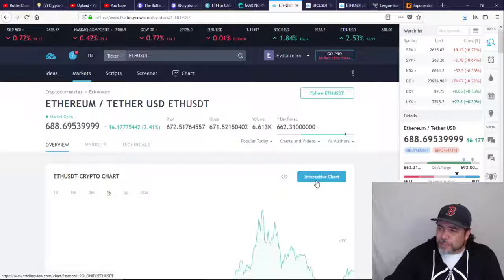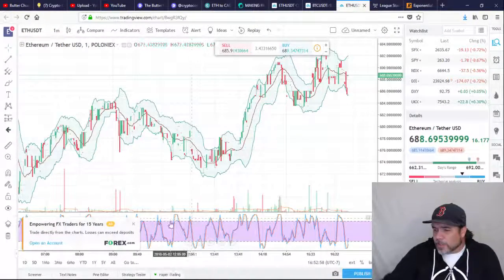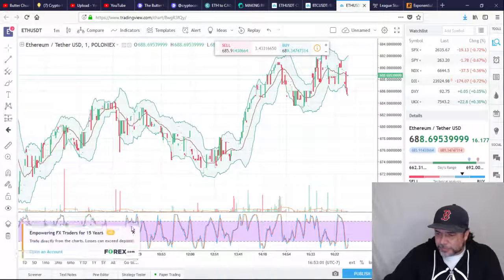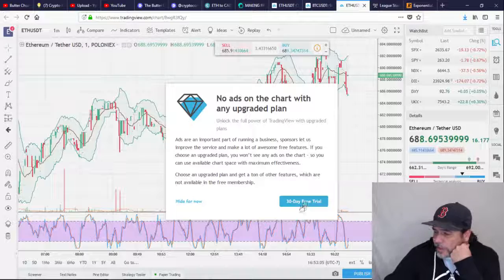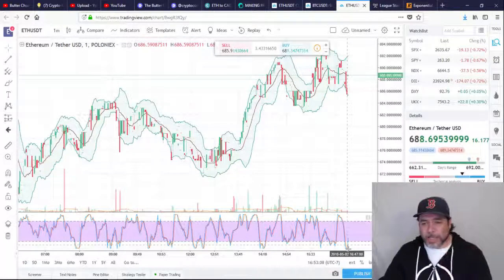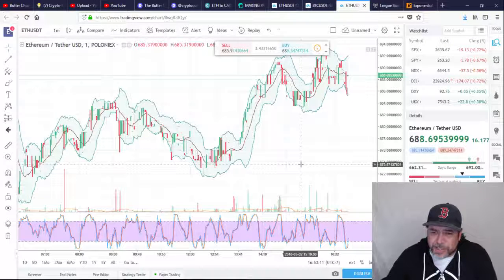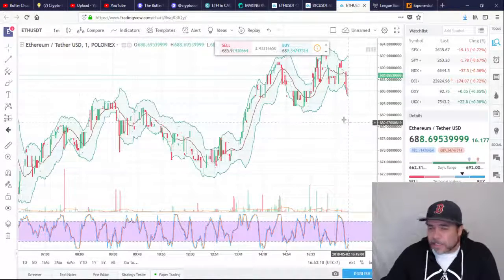It gives you an interactive trade chart, which is right there. As far as trading is concerned, I'm just going to give you a quick tutorial on this and show you how I trade. I base it on two indicators: Bollinger Bands and Stochastic RSI, the relative strength index.